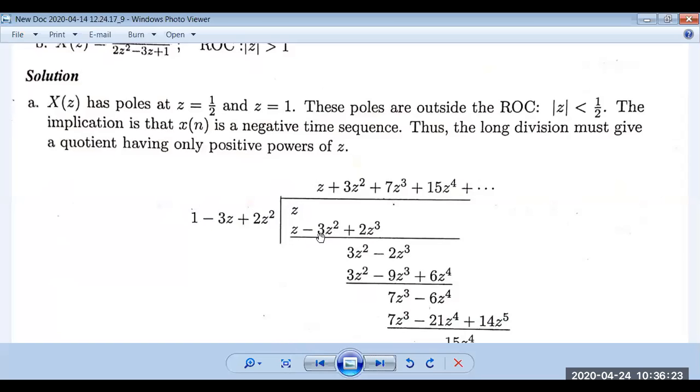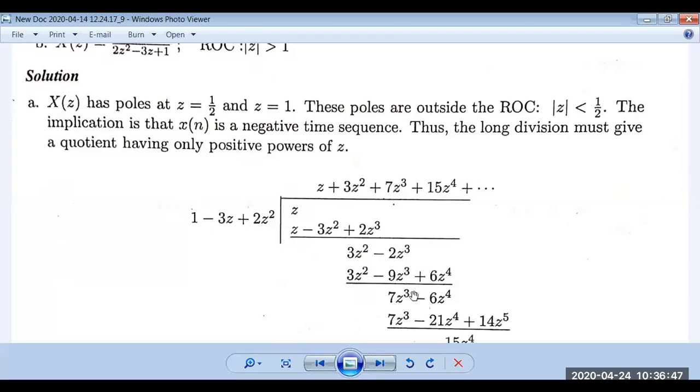So you'll be left with 3Z square minus 2Z cube, because this is minus, this is plus, this is minus. So this would be plus, so it is 3Z square. This would be minus, so it would be 2Z cube. Now 3Z square is there, and there is 1. So 1 into 3Z square is 3Z square, so the 3Z square goes off.